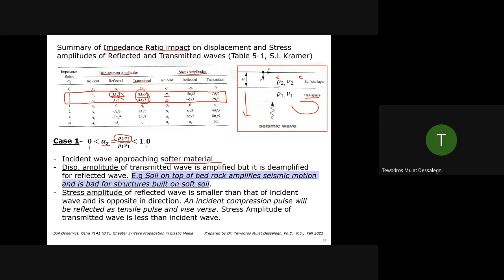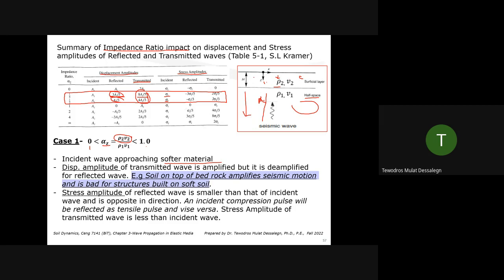You see it here. A wave is coming with amplitude AI in the rock. When it gets into the soil, it's getting amplified. AI can get, let's say, 8 by 5, so 1.5 times AI. So this soil is amplifying it.